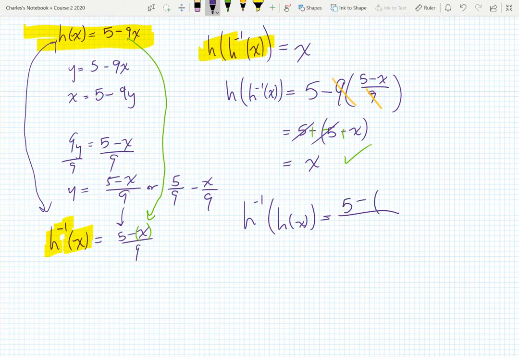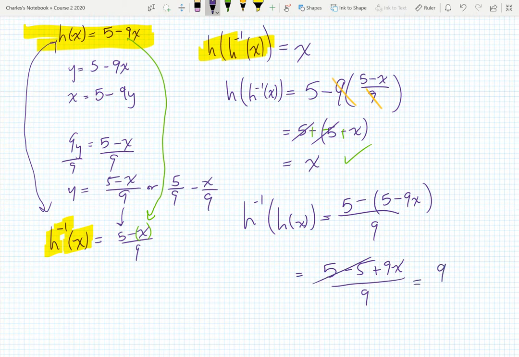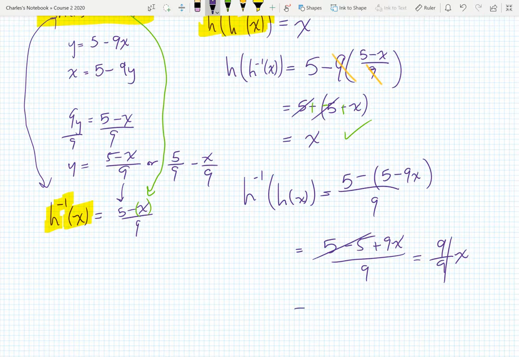So now it's going to be 5 minus something divided by 9. And inside that something goes 5 minus 9x. If I simplify this, I have 5 minus 5 plus 9x divided by 9. The 5's cancel. I get 9x over 9. The 9's cancel, and I'm left with just x.